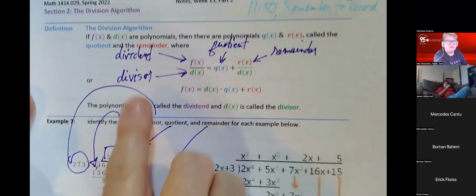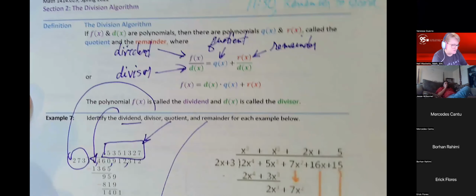We can use the division algorithm to rewrite this answer.